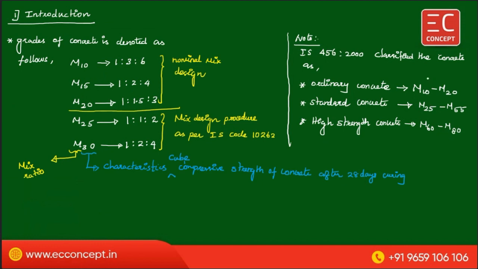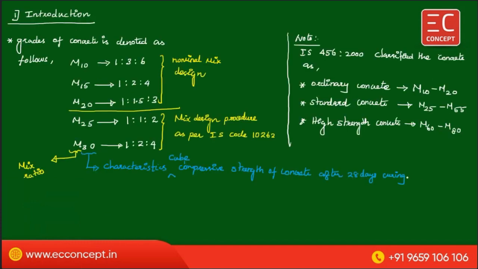Now see, next point under the introduction, to find FCK. Actually, FCK is the symbol of characteristic compressive strength. FCK means characteristic cube compressive strength of concrete.